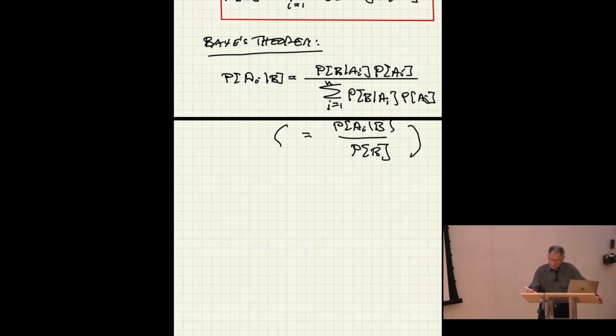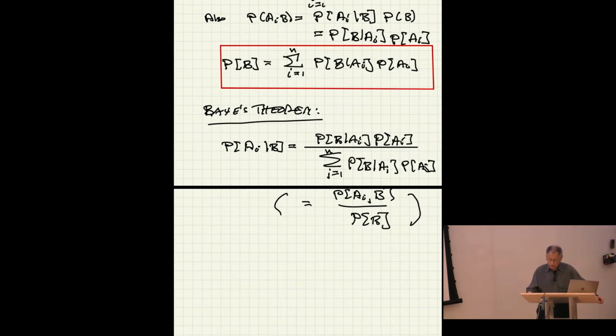I'm sorry, this is comma, not given. Okay. The numerator is the definition of conditional probability. The denominator is this thing I just circled in red. Proof.